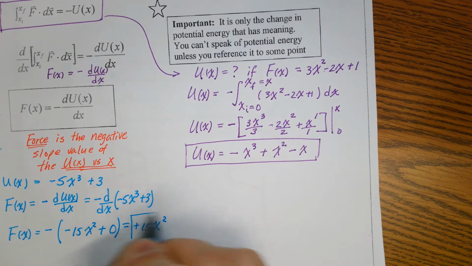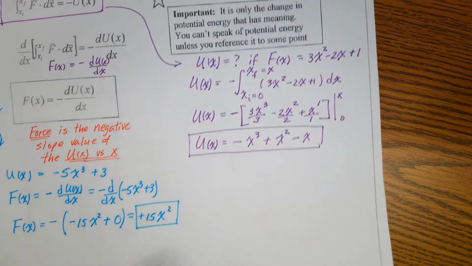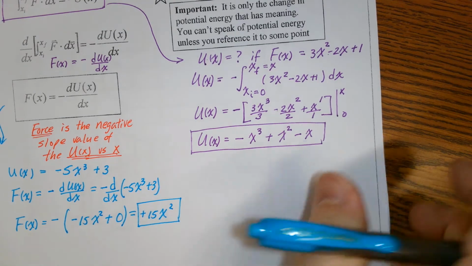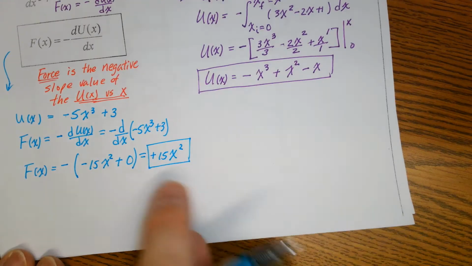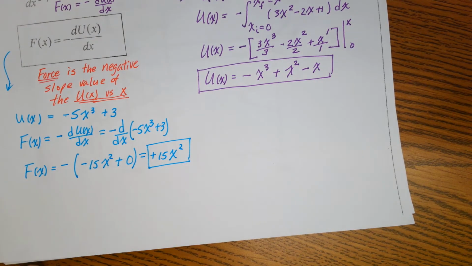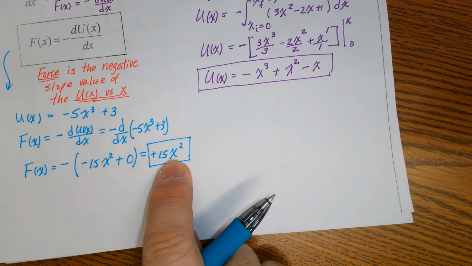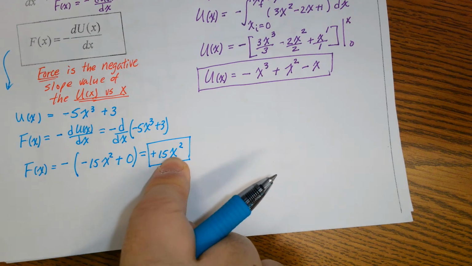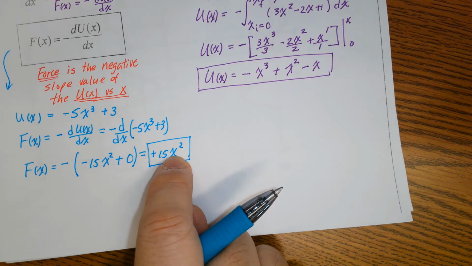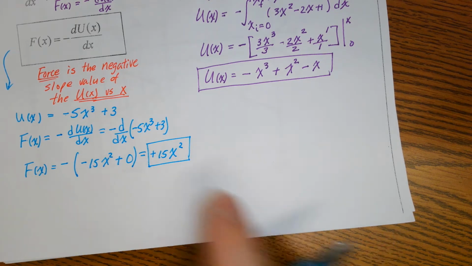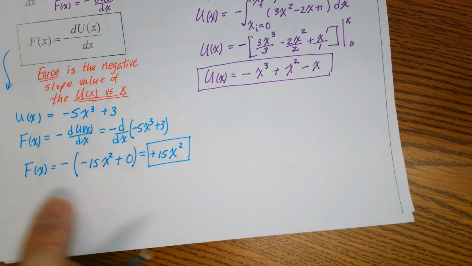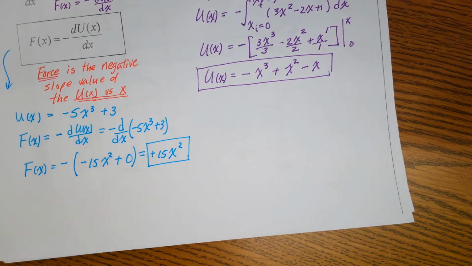All right, so this will be your force. Now, if you want to find out exactly how many newtons it is at a certain position, you just plug in that value. So if I want to know my force at x equals 2, then plug in 2 for x, and then you'll know exactly how much force you have at that position.